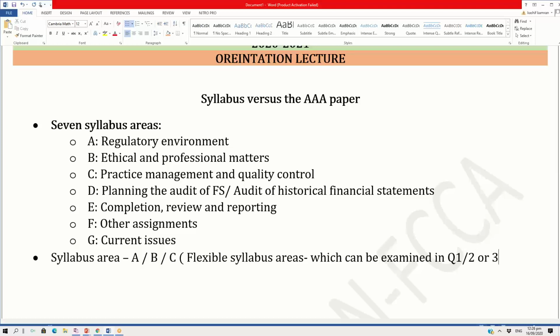So these are the most open syllabus areas which can be examined in question number 1, 2, or 3.